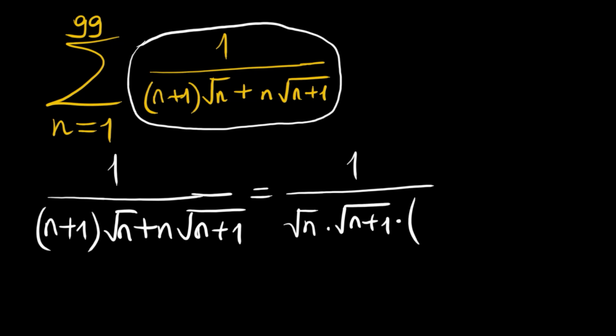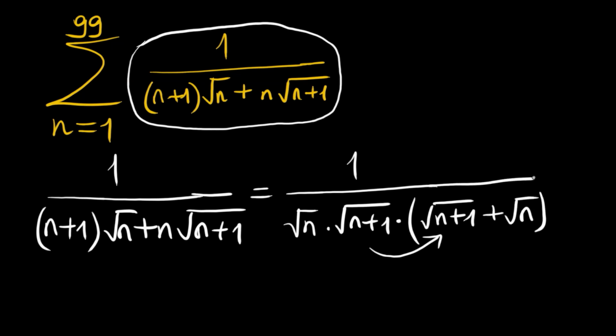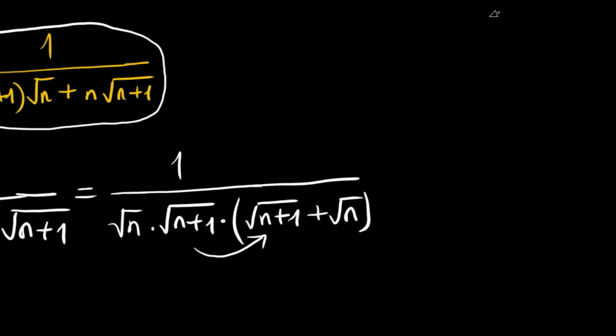To get a root n plus 1, we will multiply this by, again, root n plus 1, and to have an n, we will have root n again. This is the first step we are doing.